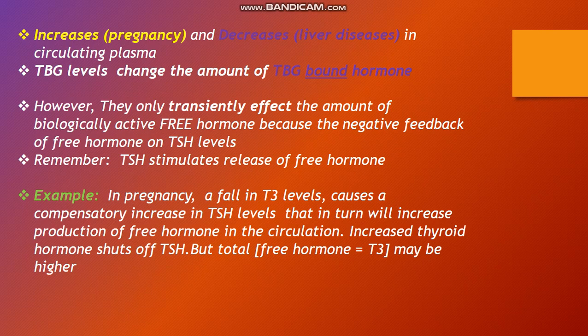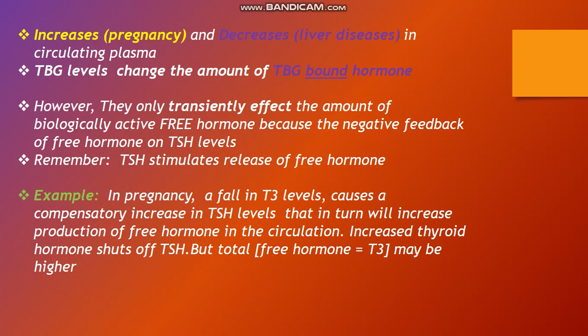However, they only transiently affect the amount of biologically active free hormone because of the negative feedback of free hormone on TSH level. Remember, TSH stimulates release of the free hormone. याद रखें, थायराइड स्टिमुलेटिंग हार्मोन का एक ये भी फंक्शन है कि वो रिलीज करता है फ्री हार्मोन को for the possibility of its function.